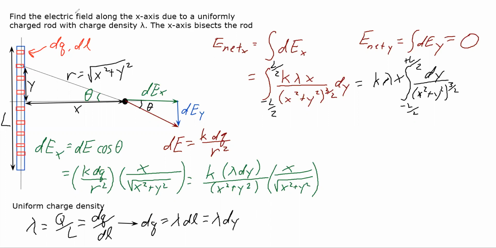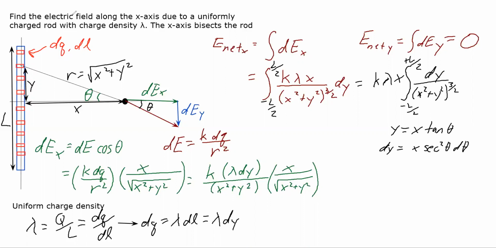The way you would do this, if you're in a calculus class, is that you would do a trig sub. And the trig sub you would do is that you set y equal to x tan theta, which means dy would equal x secant squared theta d theta, and you make that trig sub.